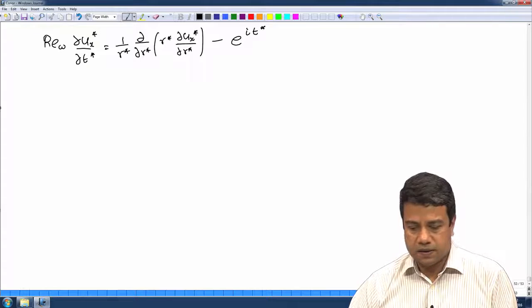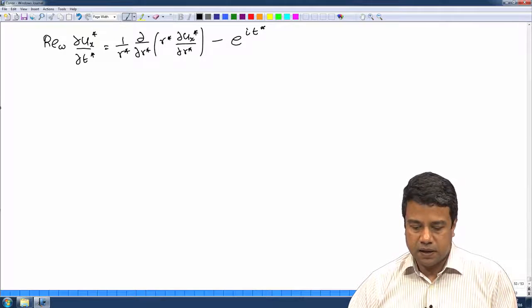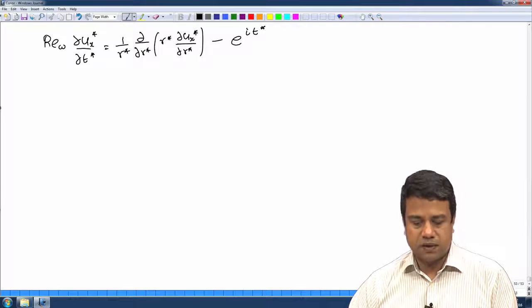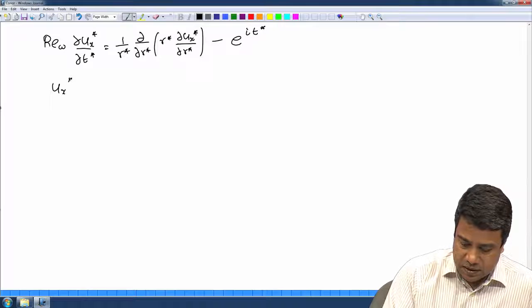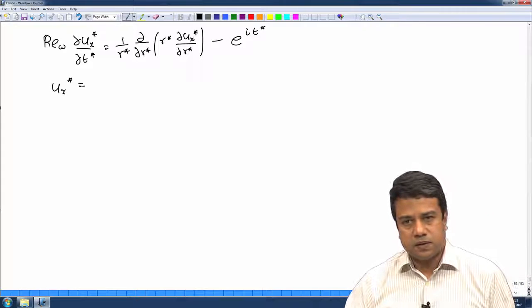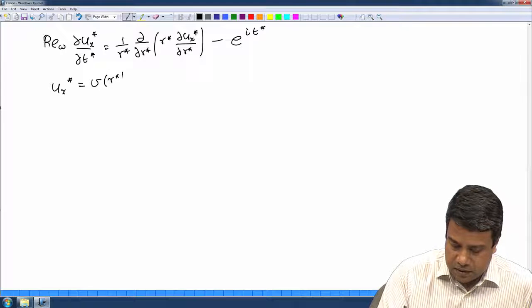How do I solve this? Since the inhomogeneous term is an exponential, I can write the velocity u x also in terms of exponentials. I can write u x star is equal to some function v of r star times e power I t star.